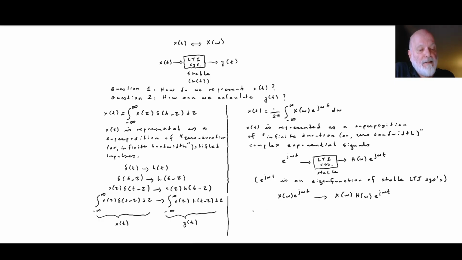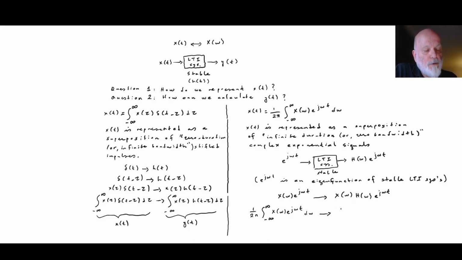And then we integrate from minus infinity to plus infinity with the factor appearing in the inverse Fourier transform expression, 1 over 2 pi, x of omega e to j omega t, and we are integrating with respect to omega, so we are changing the frequency, in other words.